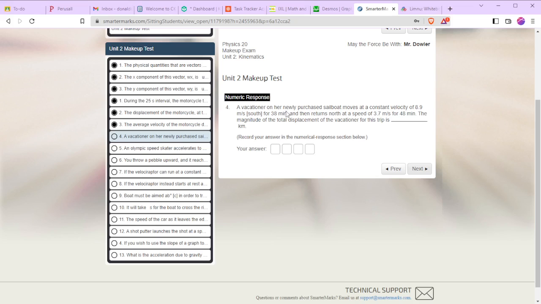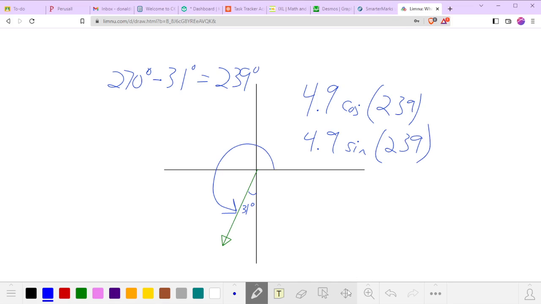Now, a vacationer on her newly purchased sailboat moves at a constant velocity of 8.9 meters per second south for 38 minutes, and then returns north at a speed of 3.7 meters per second for 48 minutes. The magnitude of the total displacement of the vacationer for this trip is. So we need to figure out how far this vacationer goes. So we start with 8.9 meters per second south for 38 minutes.